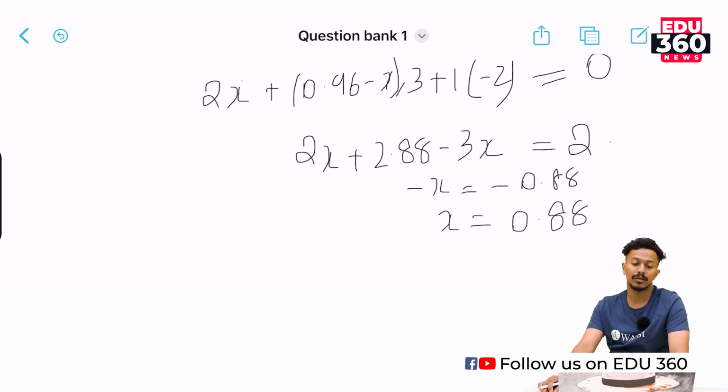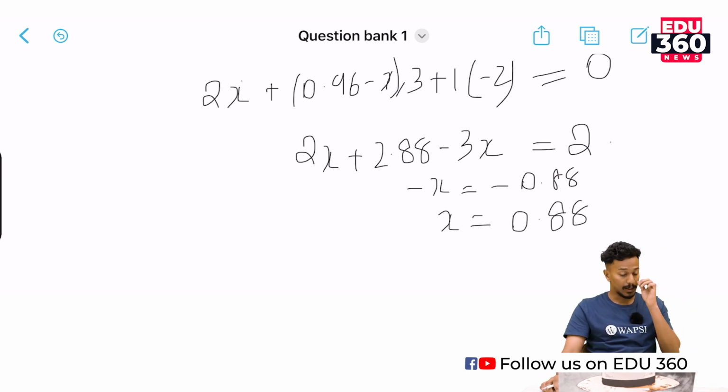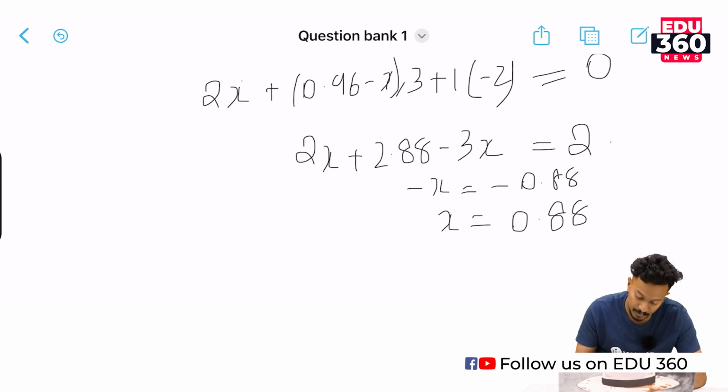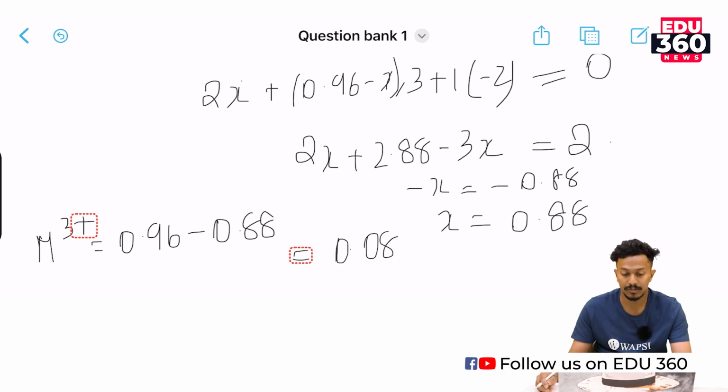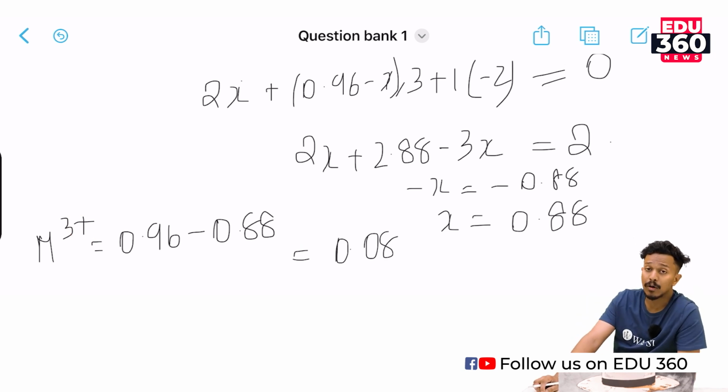So the number of M3+ ions would be 0.96 minus 0.88, which is 0.08.